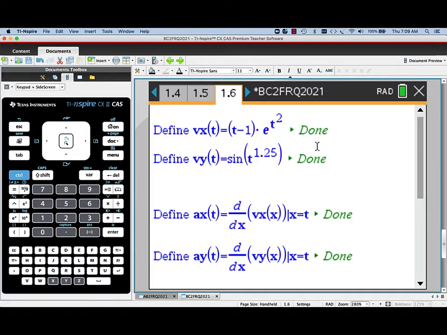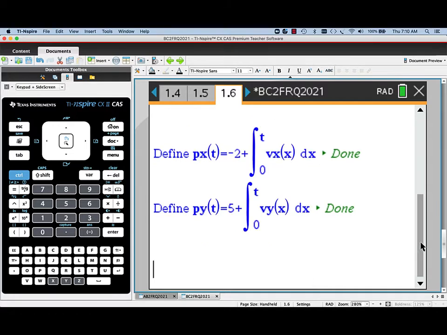Alright, here on page 1.6 you can see I've taken the given velocity components for the position and defined those as Vx and Vy, and then we differentiate those velocity components with respect to time t to get the acceleration x and y components.